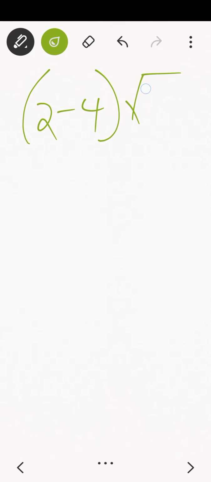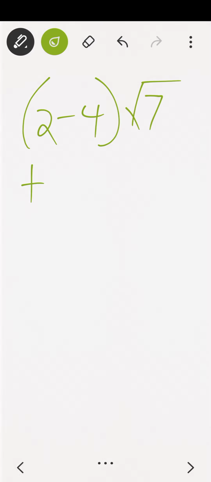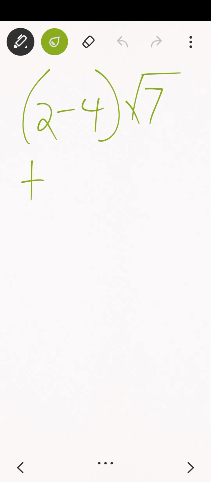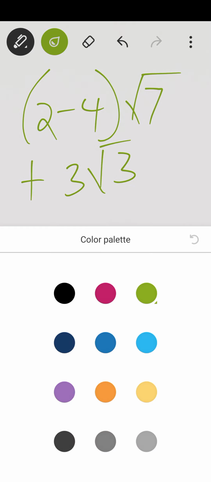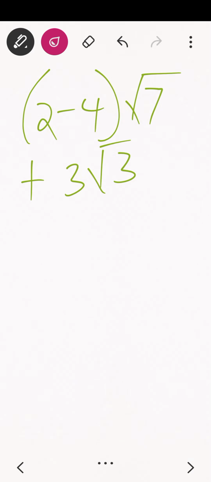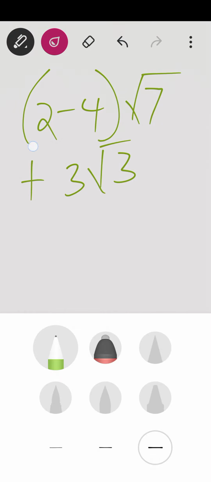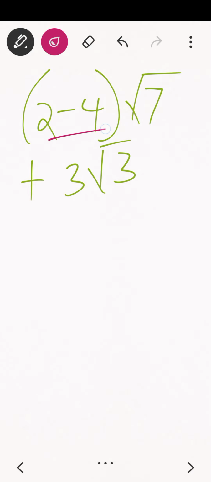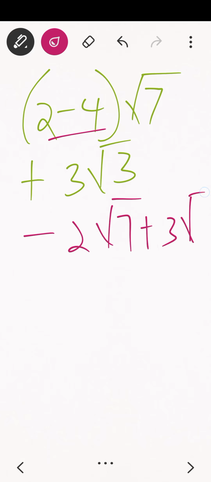And then we have plus the next surd, 3 root 3. But note that we have not finished with the first part. The first part is 2 minus 4, which is giving us negative 2 root 7.